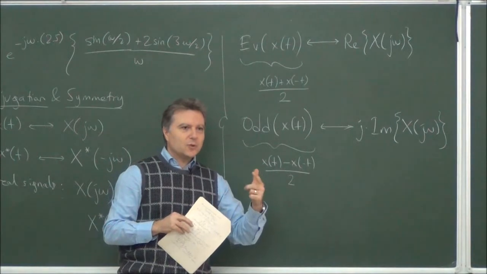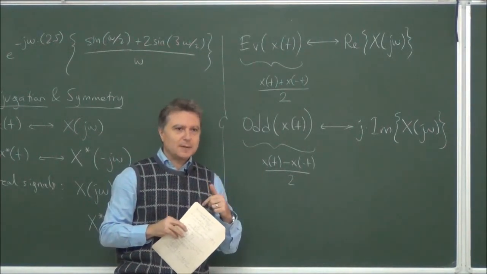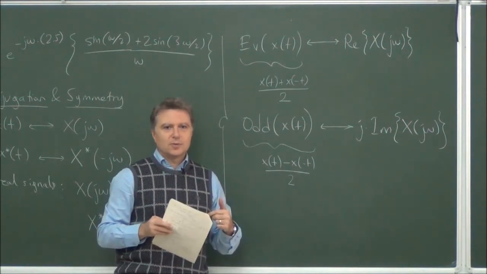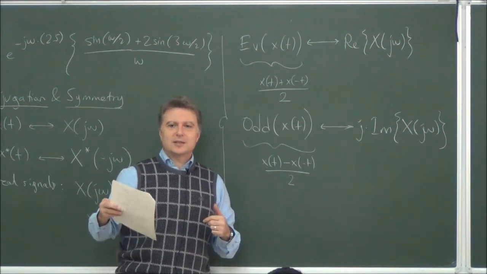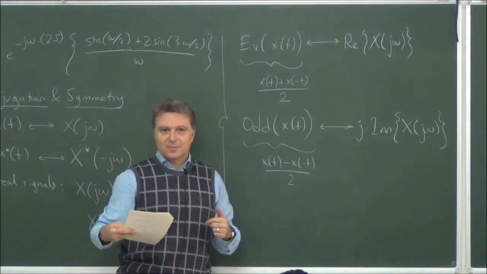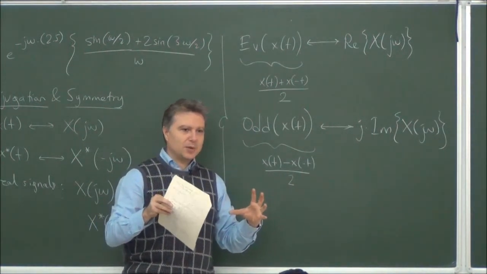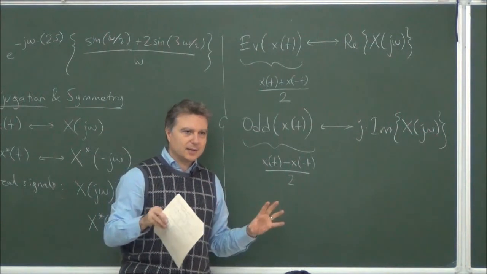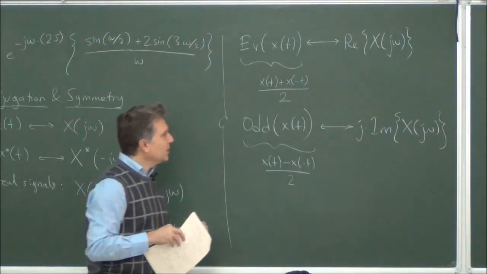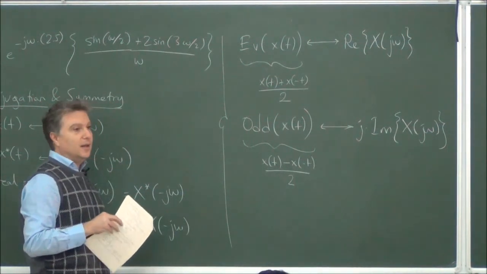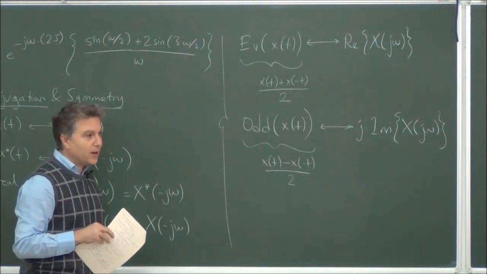What was it? It was 1 over 2j and minus 1 over 2j. 1 over 2j is minus j over 2. Minus 1 over 2j is plus j over 2. So it can be put in a j parenthesis. There is nothing real in the Fourier transform of a sine. And that is a valid property for every antisymmetric signal, or every odd signal.